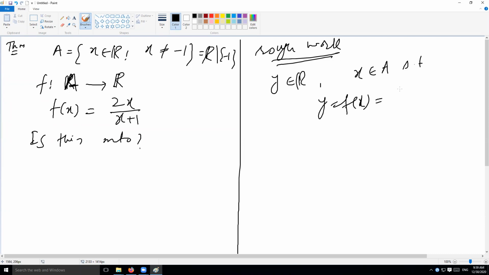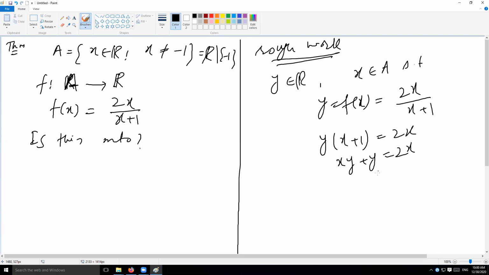But if y is f of x, what would it be? It's going to be 2x over x plus 1. And then try to write x in terms of y. So can I write x in terms of y? So y times (x plus 1) equals 2x. So xy plus y equals 2x.